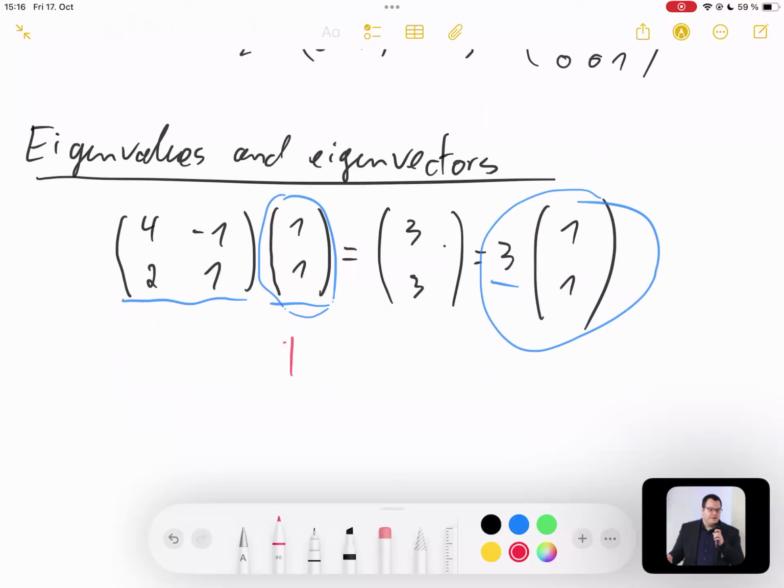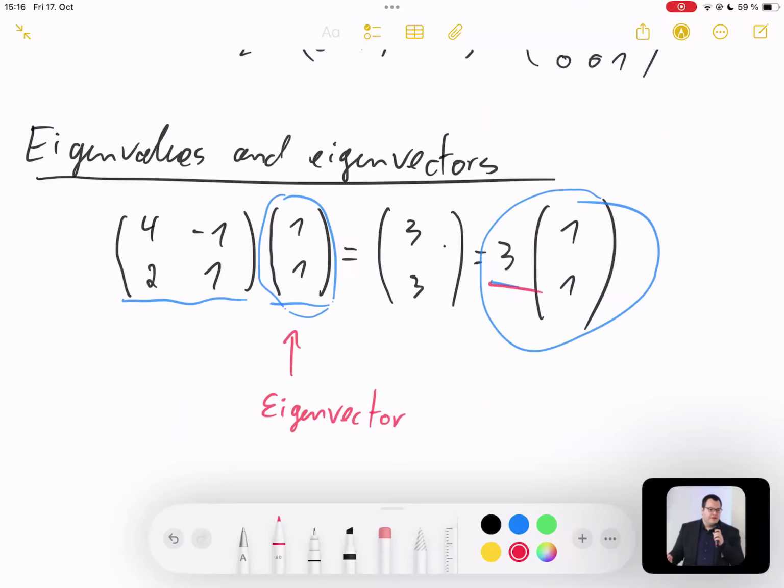Technically speaking, this is a so-called eigenvector of the matrix. Not every matrix has eigenvectors, but some do. And if you have an eigenvector and you multiply it with the matrix, you get a multiple of the eigenvector.